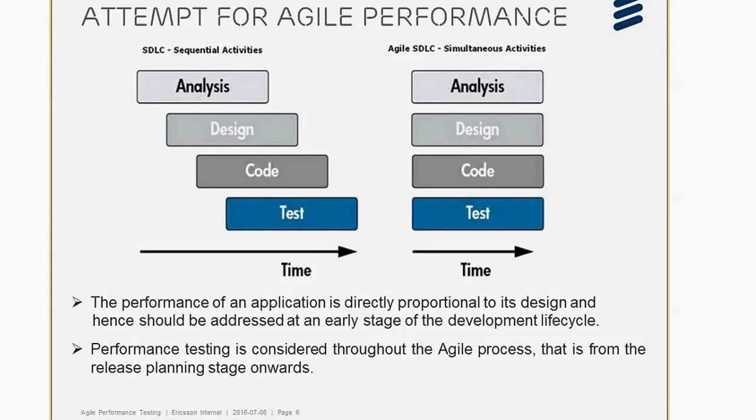But in Agile, all 4 activities start simultaneously. So we start with analysis, design, code, and test all at the same time. And more importantly, as I said before, the performance of an application is very much dependent on the design, and hence it should be addressed in the initial phases of the design and in the analysis phase.